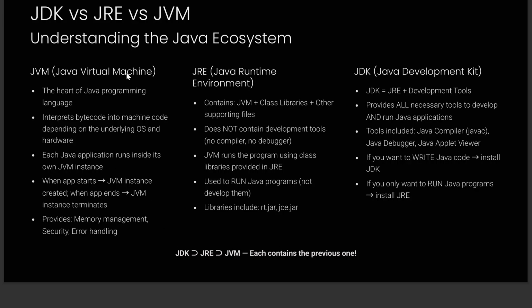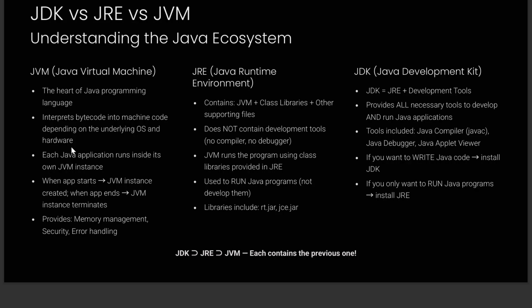So basically, JVM's full form is Java Virtual Machine and it is the heart of the Java programming language. What JVM does is it interprets your bytecode. Once your bytecode is generated by the Java compiler, the JVM interprets this bytecode into machine code depending on the underlying operating system and hardware, because the JVM is machine specific, or operating system specific.